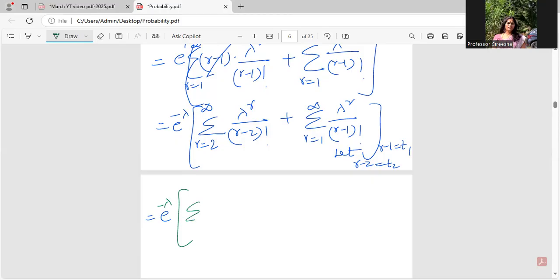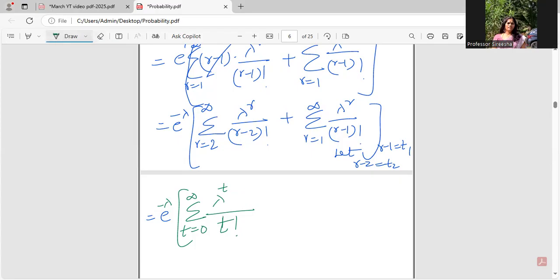So t ranges from 0 to infinity because r starts from 2. Lambda power r would be lambda power t2 plus 2 by t2 factorial. I've written t2 plus 2.